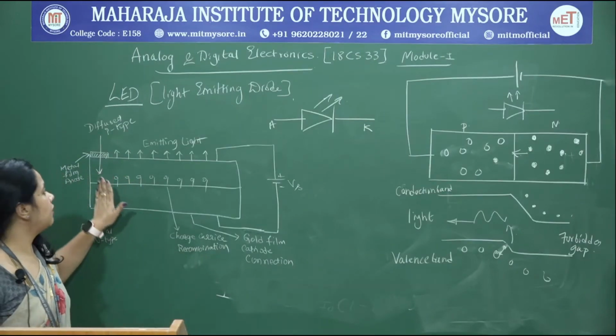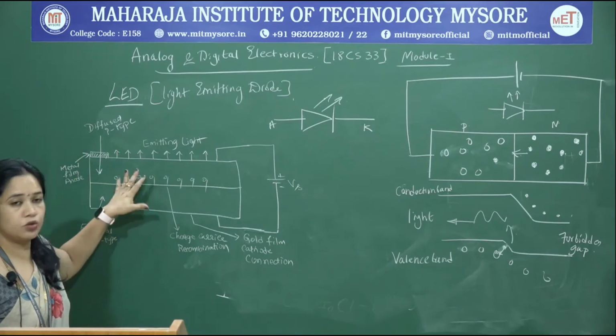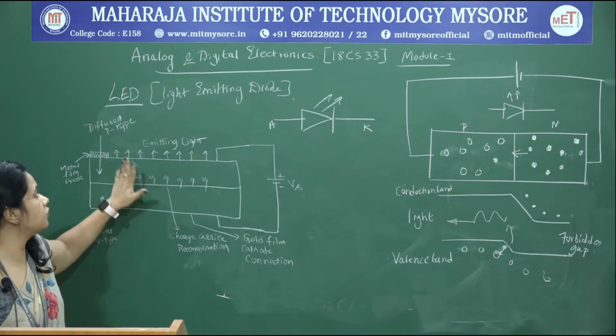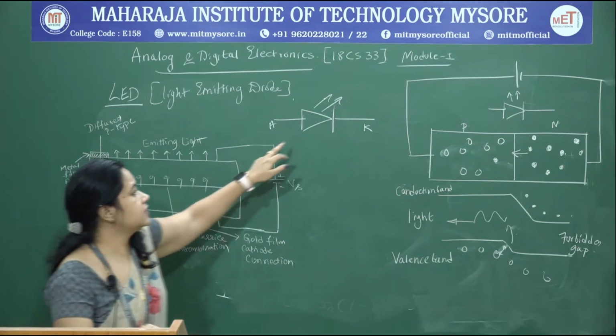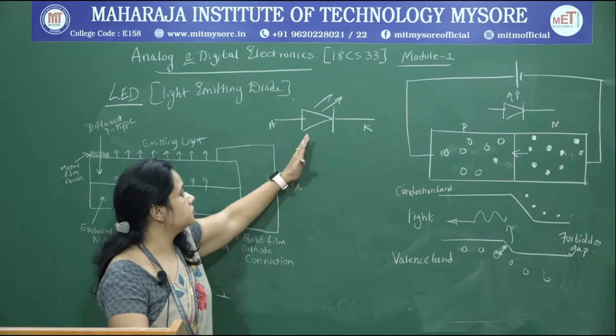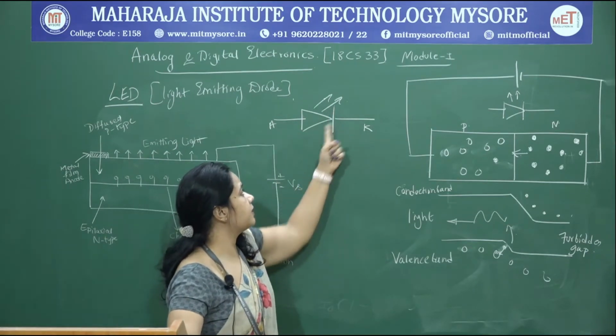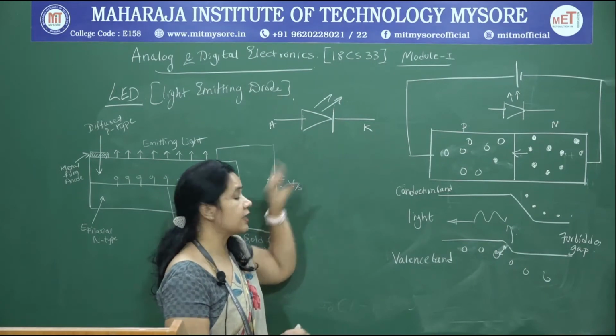Here we have the cross sectional view of a light emitting diode to depict its constructional details, and this is the symbolic representation of an LED. We have a normal diode representation, with light rays emerging from the diode indicating it is emitting light.